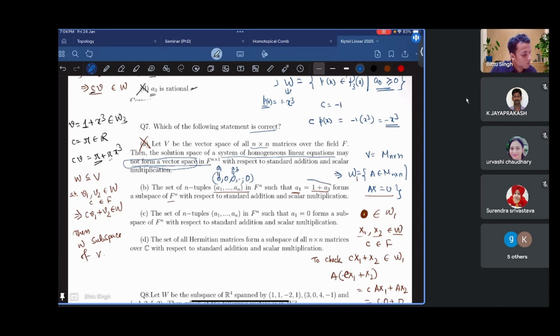So is it satisfying the condition a1 equal to 1 plus a3? From here you can see 0 does not belong to the subset, because there should be a relation that a1 should be the same as 1 plus a3. So the zero vector does not satisfy this condition. So this cannot be an answer.